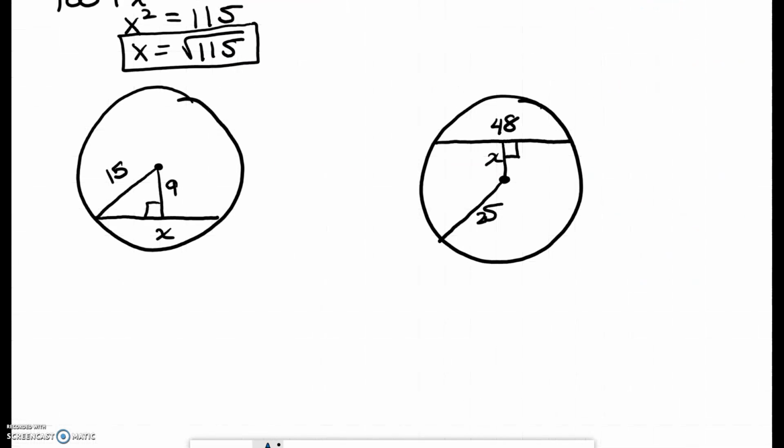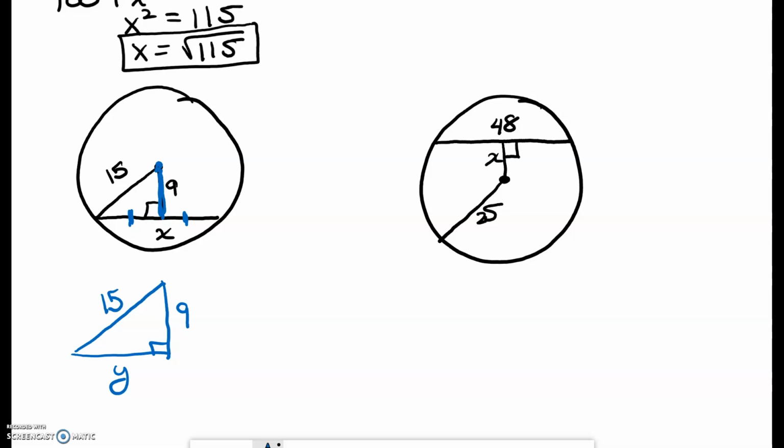Let's see if we can fit these two in. All right, so here I know that because this is perpendicular to my chord, and it starts from the center of the circle, it splits my chord in half. So if I can find this, then I can find the entire length. So let's draw my triangle out. This is 9 and this is 15. And I don't want to call it x, let's call it y, because x is the whole chord, not half of it.